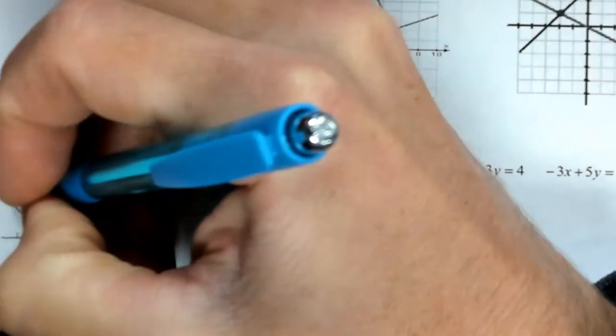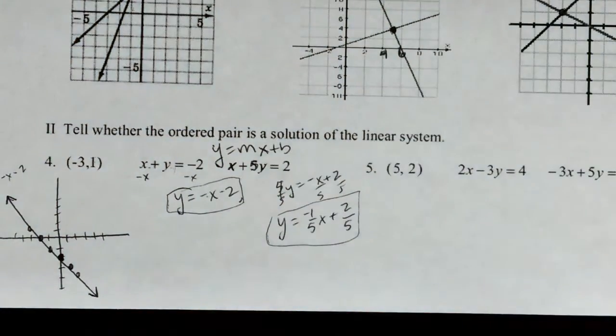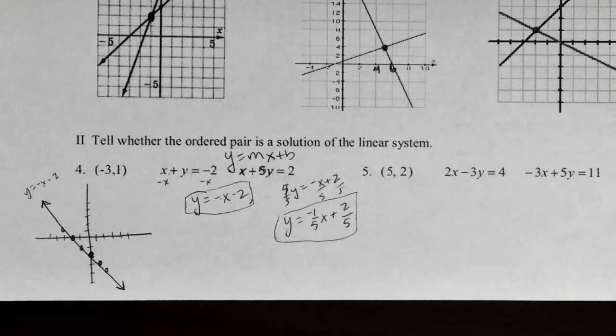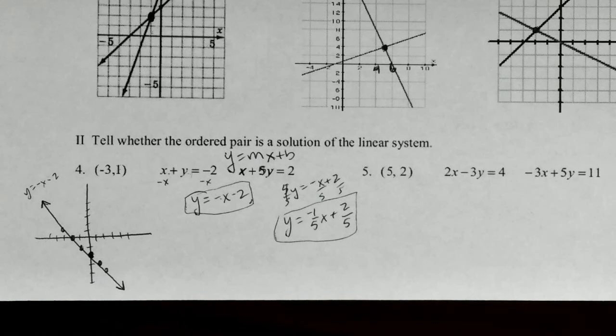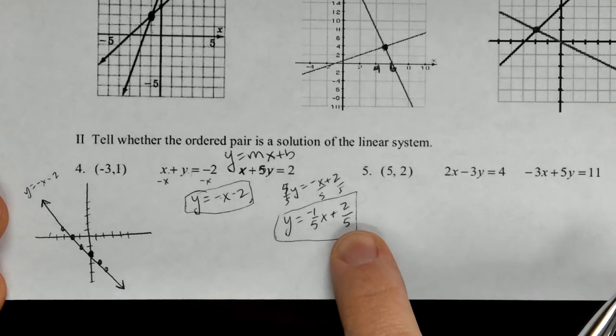My first equation looks like that. All right, now I want to graph the second equation, so I'm starting at the point 0, 2/5.